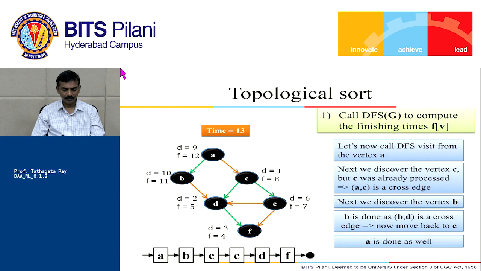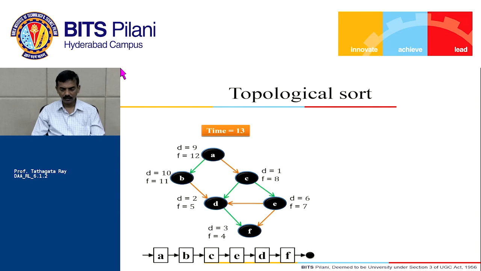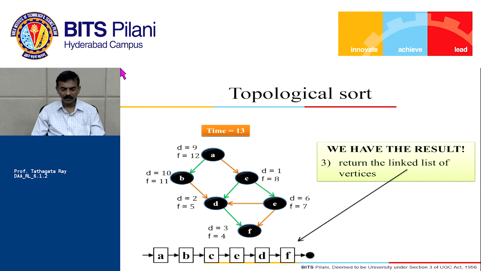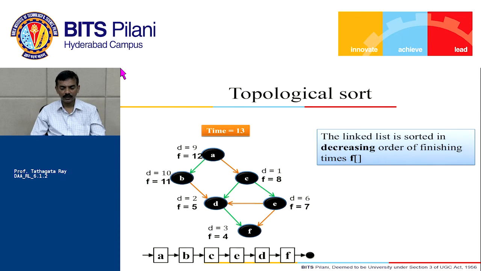So we have the final result, which is essentially the linked list of vertices, and this is what topological sort will return. If you notice, the linked list is sorted in decreasing order of finish time. What is the finish time of node A? It is 12. Node B? It is 11.